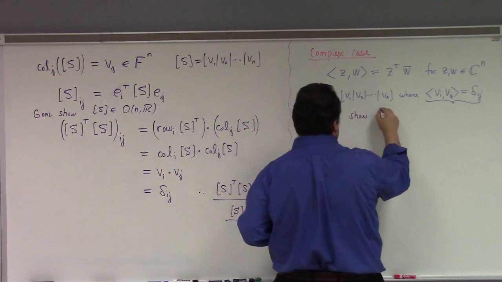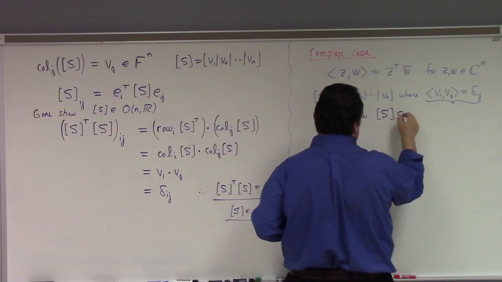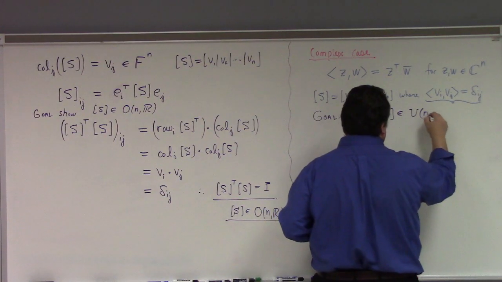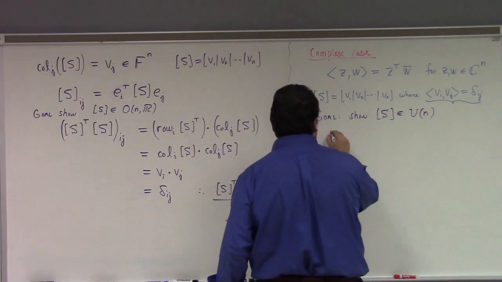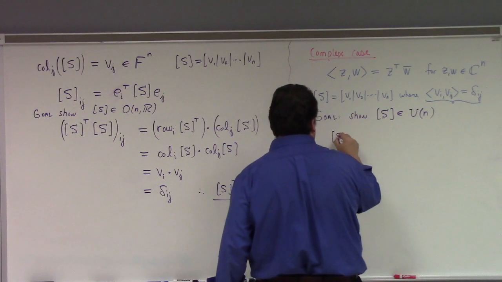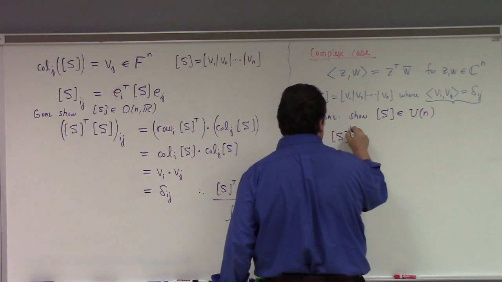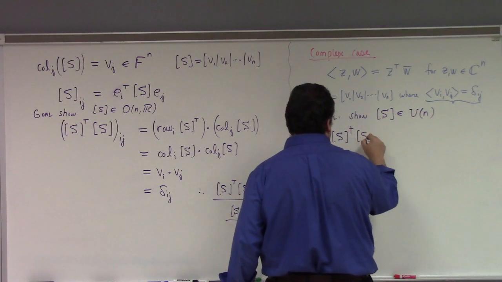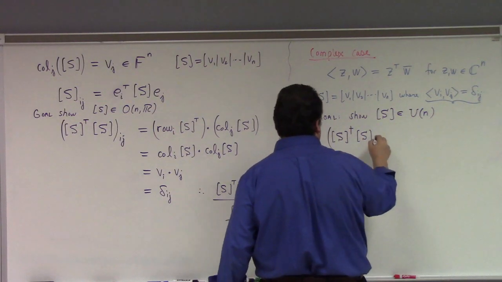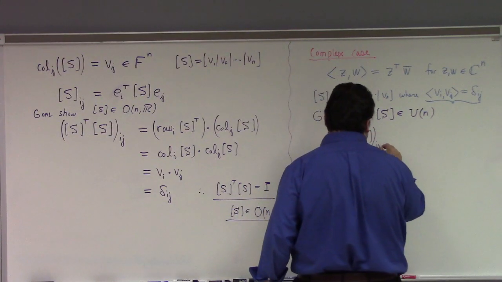I'd like to show that the matrix S formed in this way is an element of the unitary matrices, right? So I need to look at S dagger times S, and look at the ijth component of that, let's say.